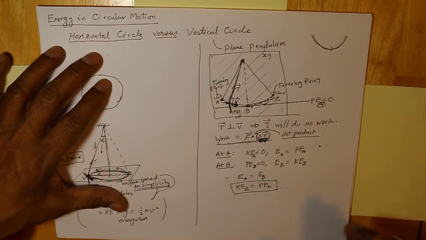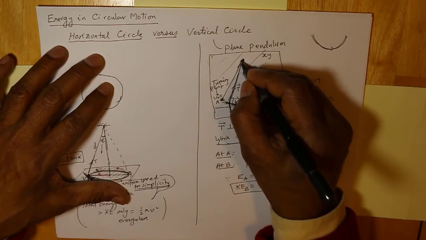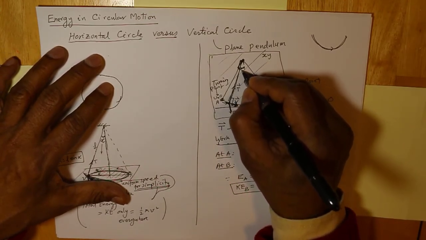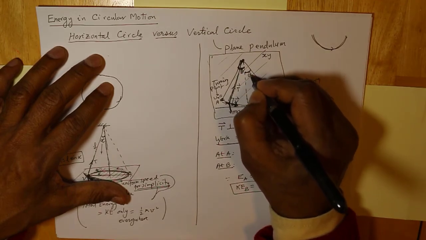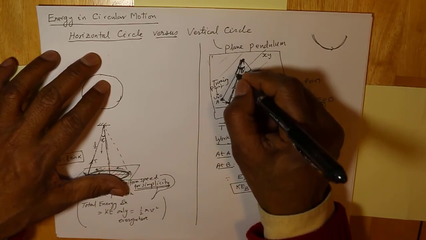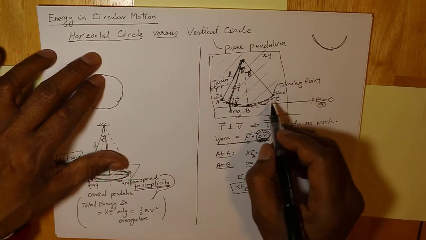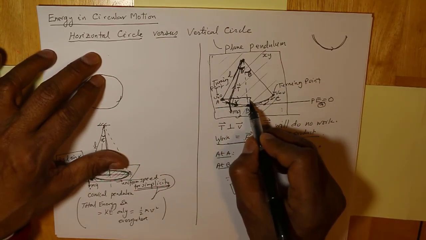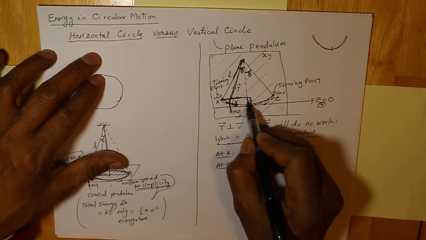So let's see. If I have this angle as big theta, and the length is L, then if I can figure out this height, I will know the potential energy at A. How do I figure out this height?